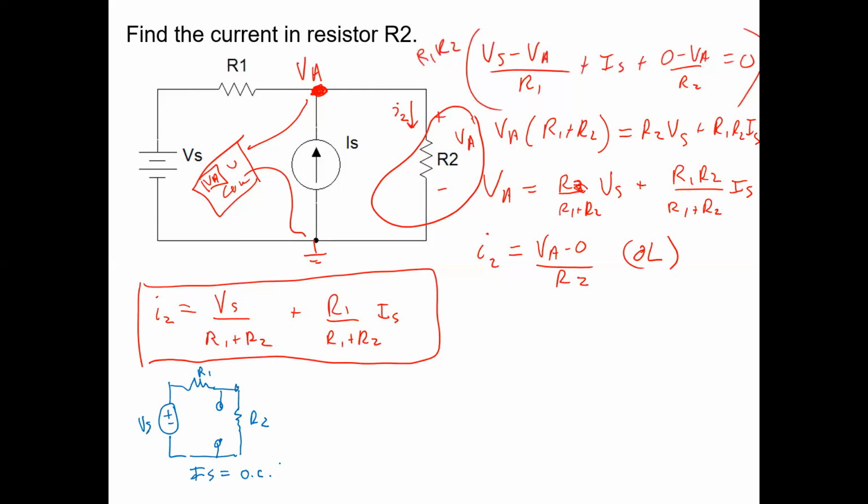And had I done this, do you see the connection between, say, this and that? What is the connection? If we're talking about I2, you see that basically this term on the I2, this thing that I've circled here, is basically what you would get if you didn't have a current source in that circuit.